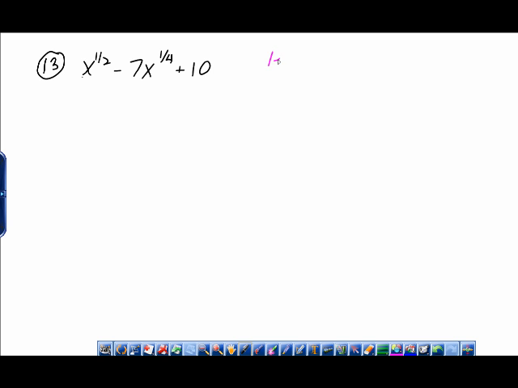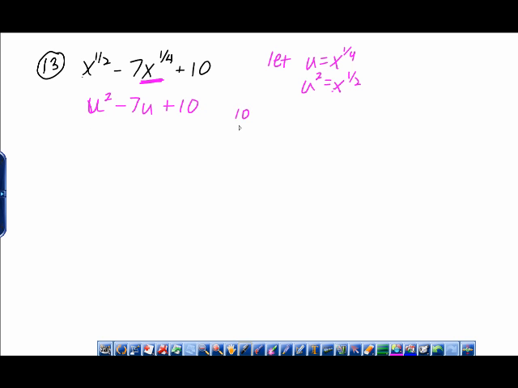If I let, and in this first one, again, I just want you to go with me on this. If I let u be x to the 1/4, I picked this one for a reason. What would x to the 1/2 be? Okay, that would be u squared. If you think about it, if I squared both sides, 1/4 times 2, that's 1/2. And these are generally going to work out just like that. So this becomes u squared minus 7u plus 10.